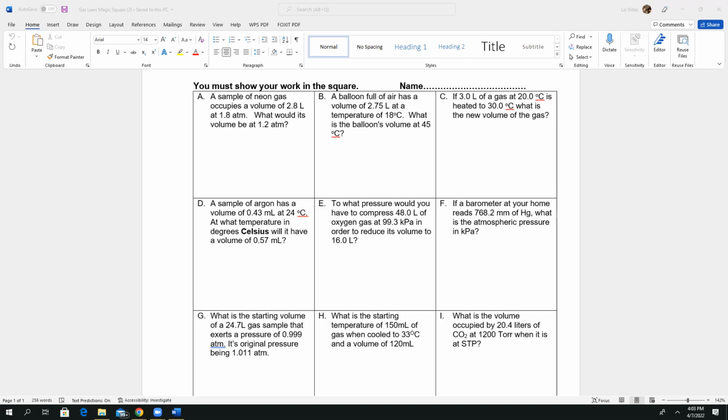Okay, that's the answer on that one. You have to be able to look at that bottom thing too.